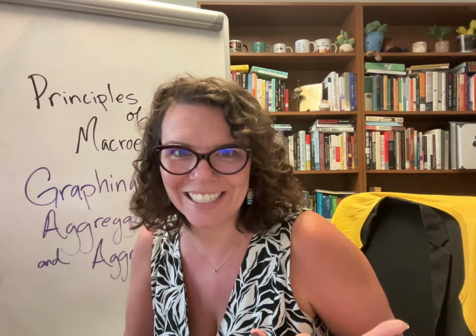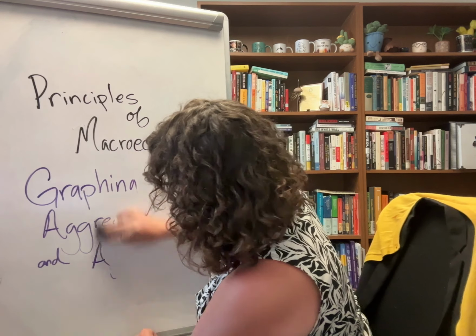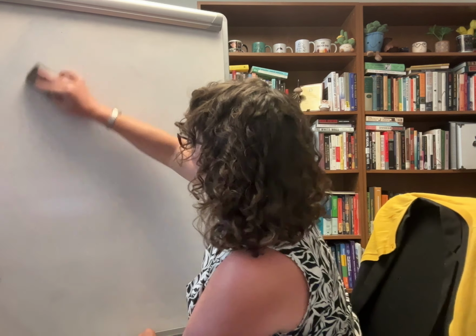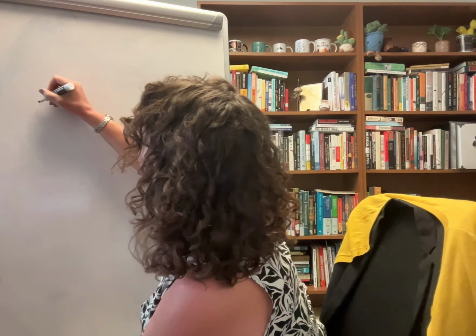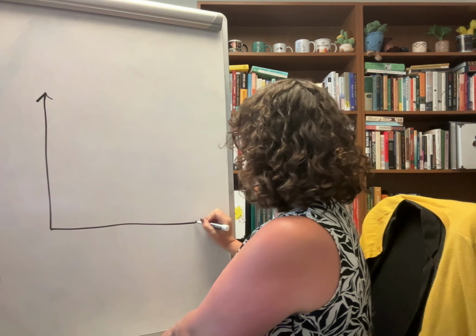So let's get started. We want to start in an XY space, similar to a traditional conventional market for goods and services, right? We would have a y-axis where we would have the price and an x-axis where we would have the quantity.